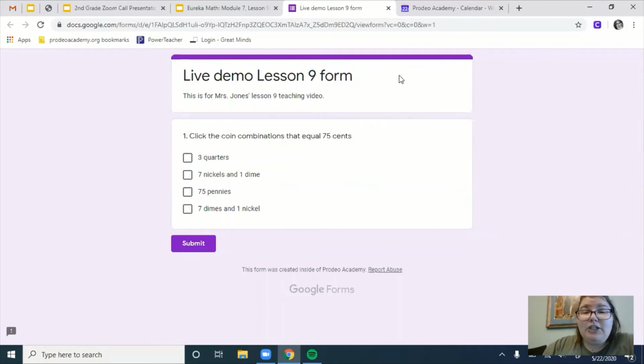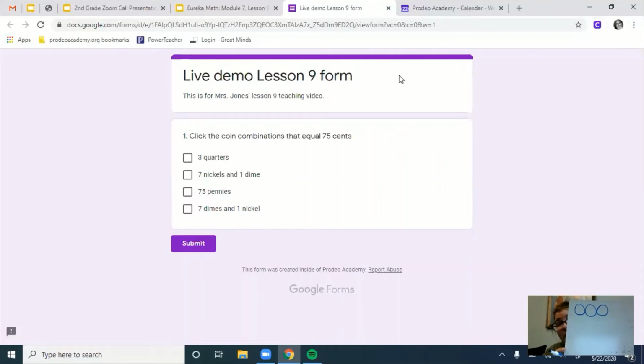So what you need to do is, if I were solving this problem, I would have something to write with, and write on, so that I know what each part is. So if I'm looking for 75 cents and it says 3 quarters, I know a quarter is worth how much money? Right, 25 cents.